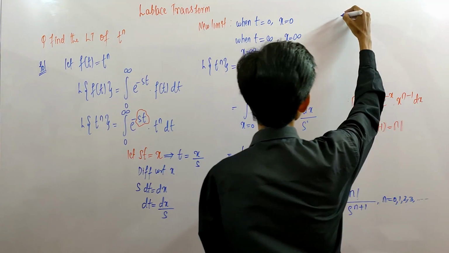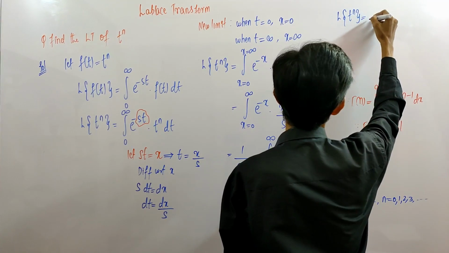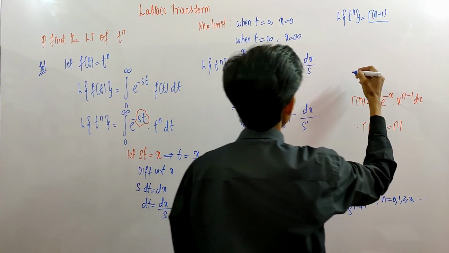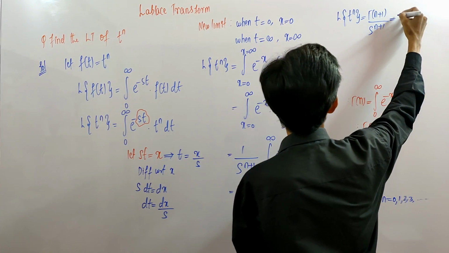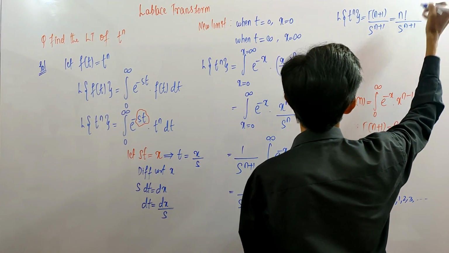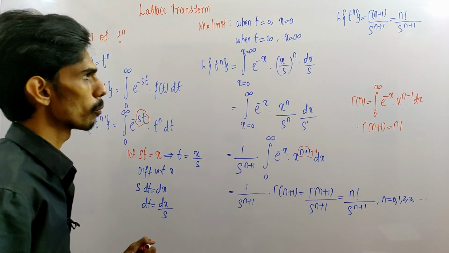Hence we got the Laplace transform of t power of n is equal to gamma of n plus 1 by s power of n plus 1, or n factorial divided by s power of n plus 1. We can use either of these two formulas.